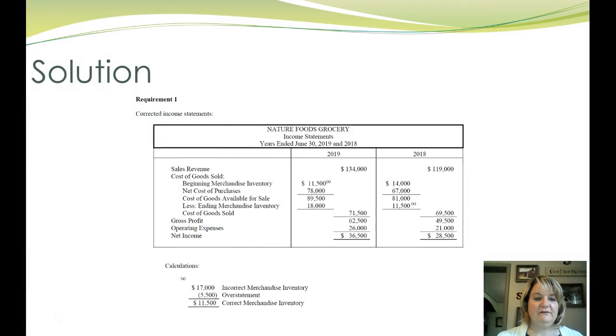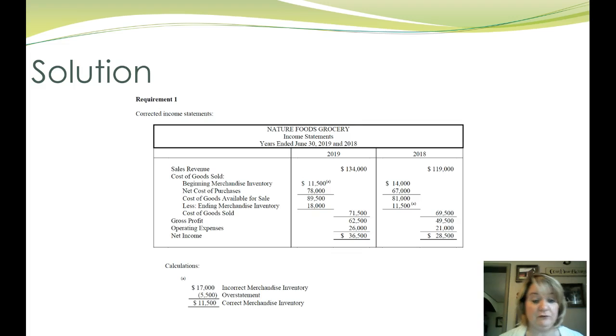So here are the corrected income statements. I'll show you the calculations below. This is for requirement 1.